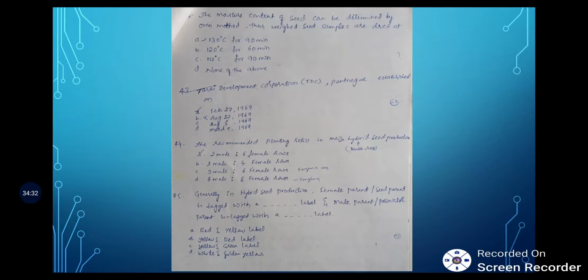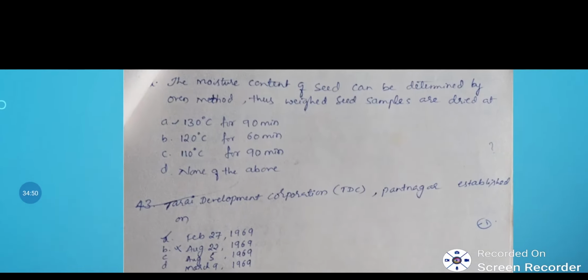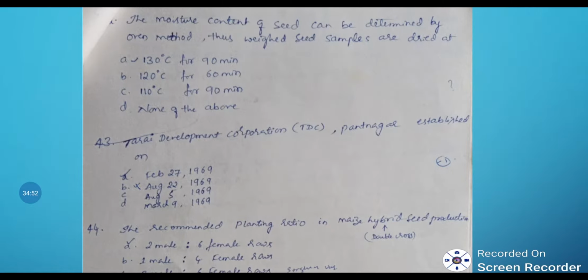Thus, weighed seed samples are dried at: first option 130 degree Celsius for 90 minutes, 120 degree Celsius for 60 minutes, 110 degree Celsius for 90 minutes, and none of the above. So the correct answer is that the moisture content of seed can be determined by oven method, thus weighed seed samples are dried at 130 degree Celsius for 90 minutes. That means it is heated for 1.5 hours at 130 degree Celsius.